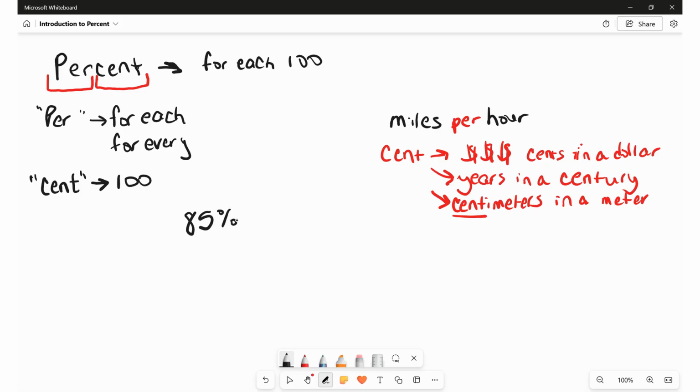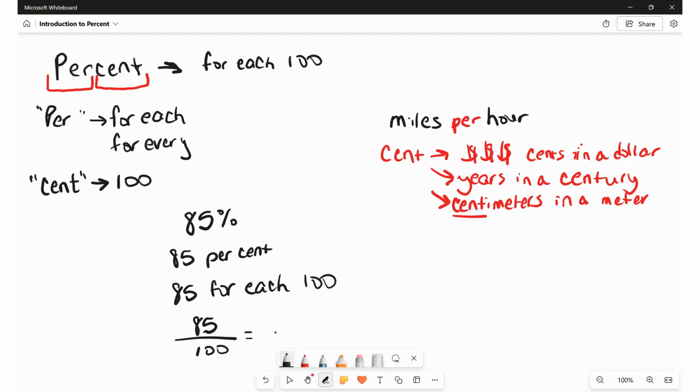Let's say that something is 85%. We can say 85 percent means 85 for each 100, or 85 per 100.